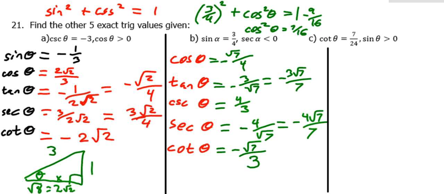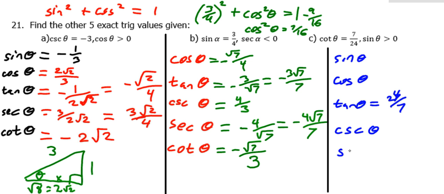So now we're given cotangent, so we need sine, cosine, tangent. Tangent's easy, 24 over 7, flip it. Cosecant and secant.